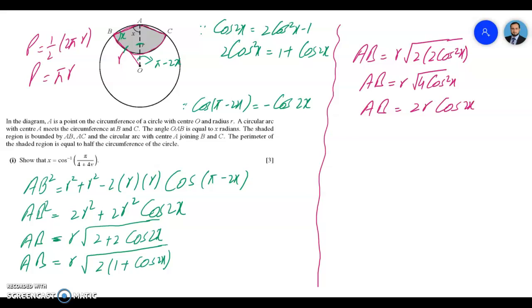Similarly AC must be the same, so it is 2r cos x, and now we can find the arc length.